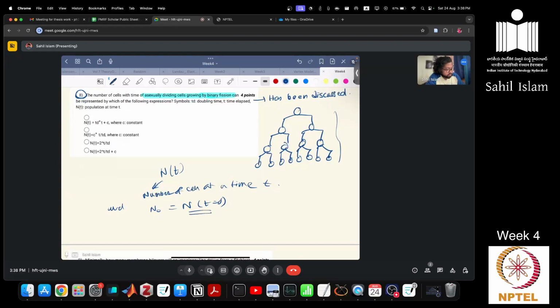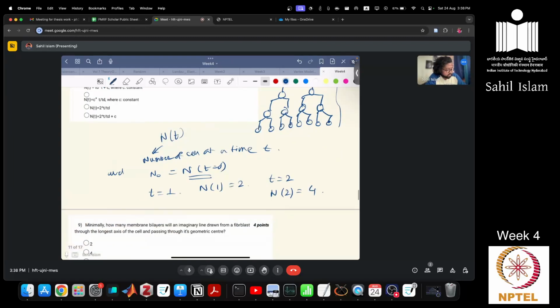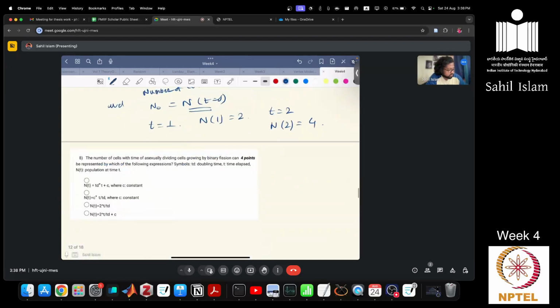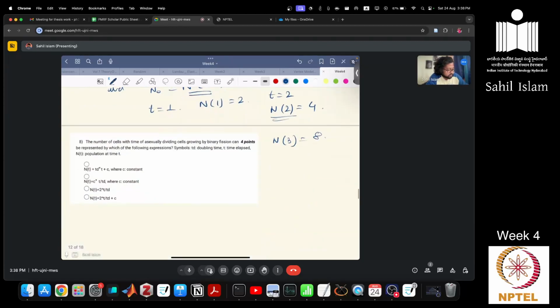Now let's say t equals 1, n1 will become 2; t equals 2, n2 will become 4; t equals 3, it becomes 8. So nt is actually 2 to the power t.